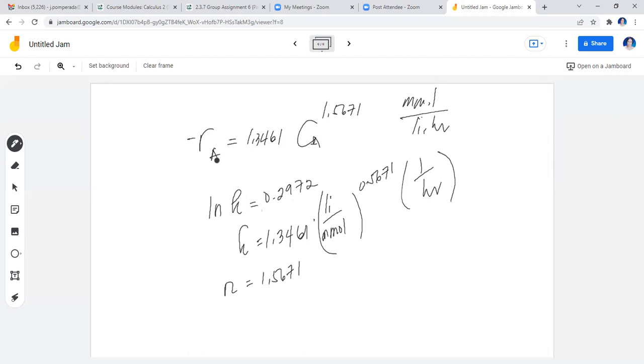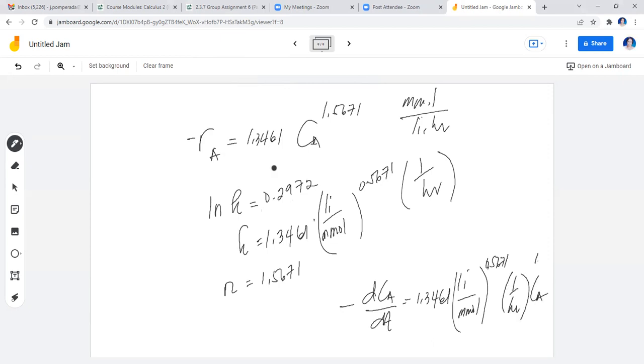Okay, so this is your rate law. So if it's the rate equation that is being asked, if you want to be very specific on that, this is your rate equation. Negative dCA/dt is equal to 1.3461 liter per millimole raised to 0.5671 per hour CA raised to 1.5671.